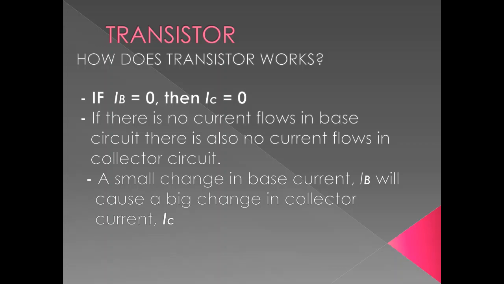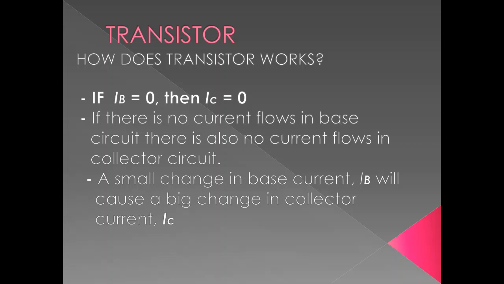In contrast, if a small current flows in the base circuit, or IB flows but in a very small amount, then a bigger amount of IC will flow.